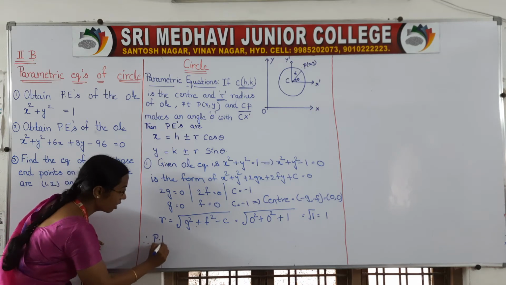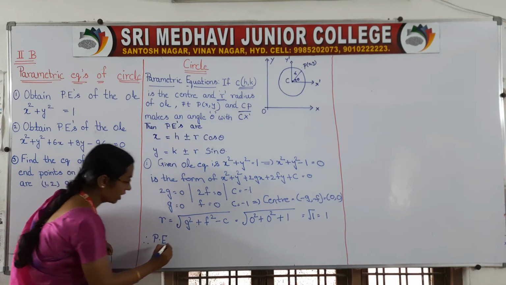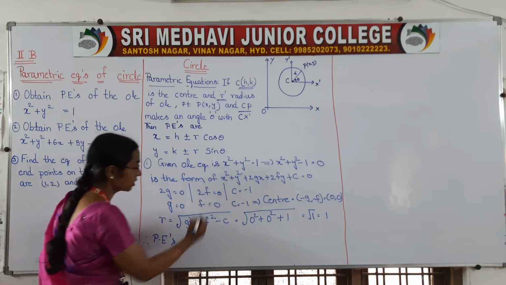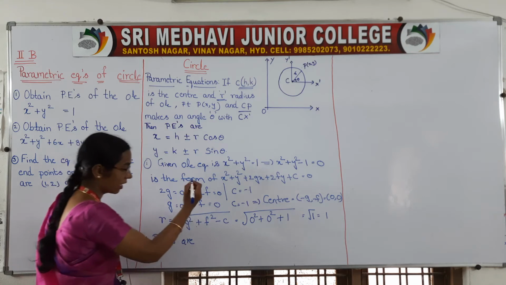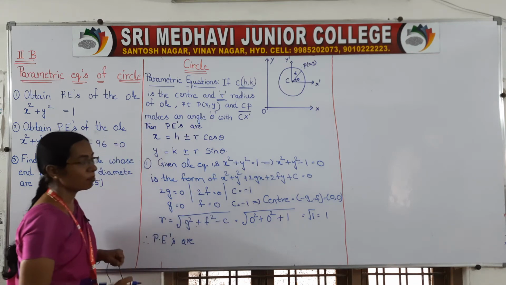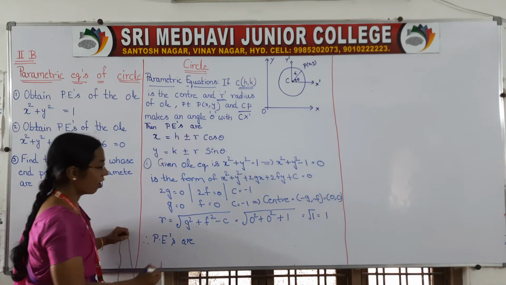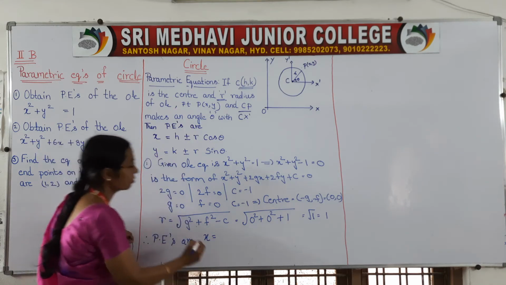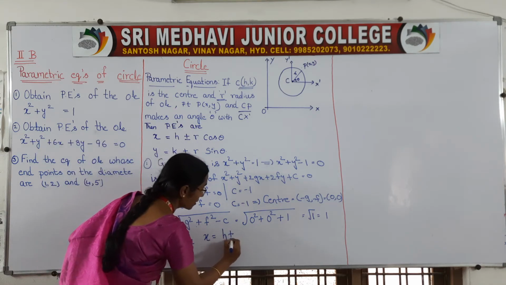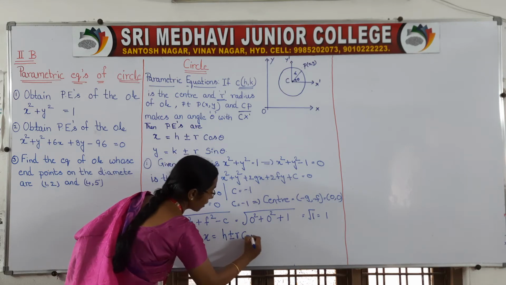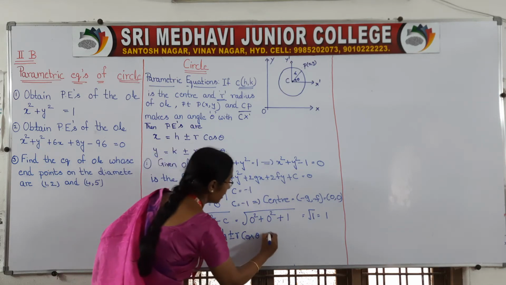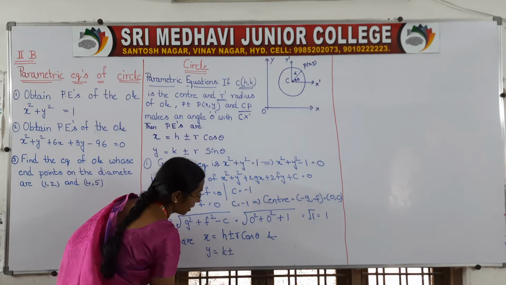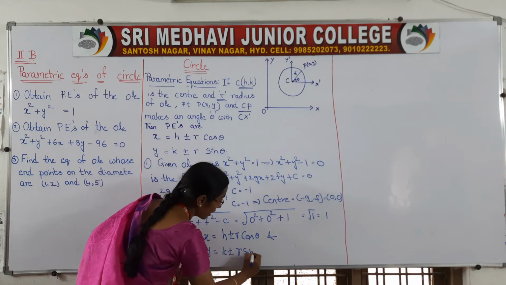Therefore, what are the parametric equations? With the center, right? So the center is (0, 0), radius is r. What is your formula? x is equal to h plus or minus r cos theta, and y is equal to k plus or minus r sin theta.